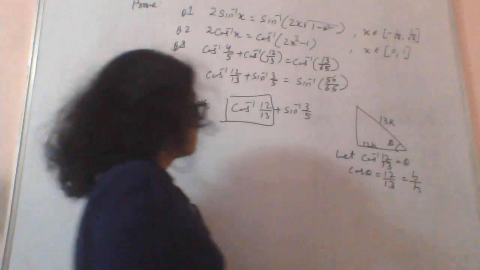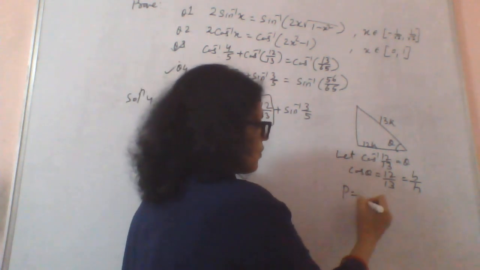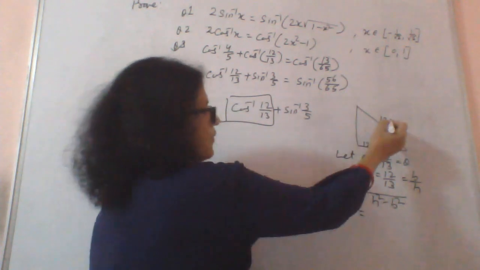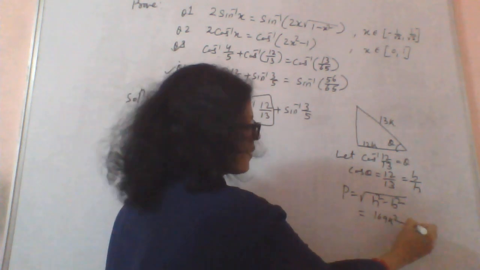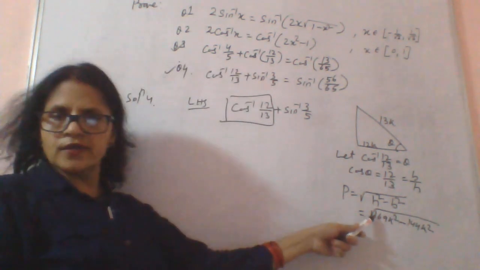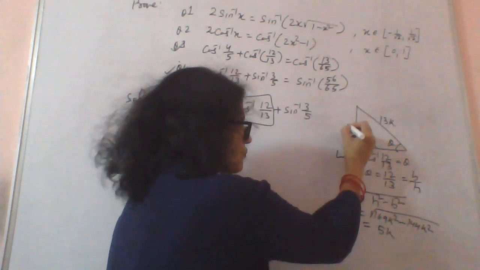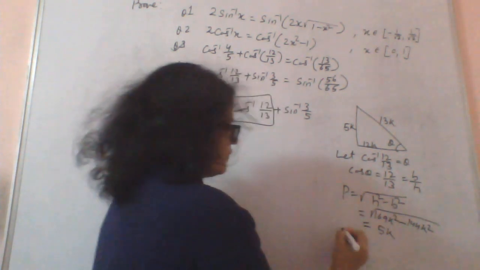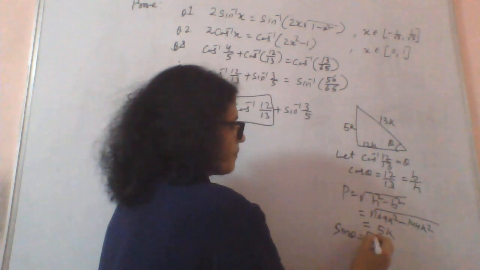We need P because we need sin. So P equals under root H square minus B square, that is 169k square minus 144k square. You are getting 25k square, and the square root is 5k. So sin theta equals P by H, so it will be 5 by 13.